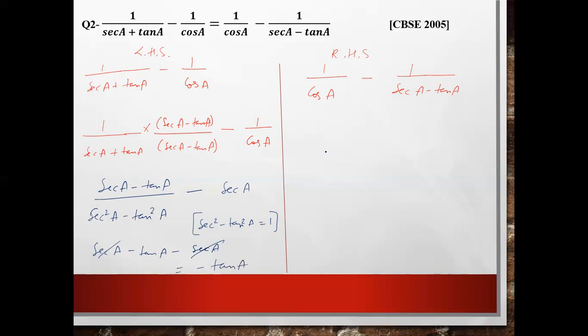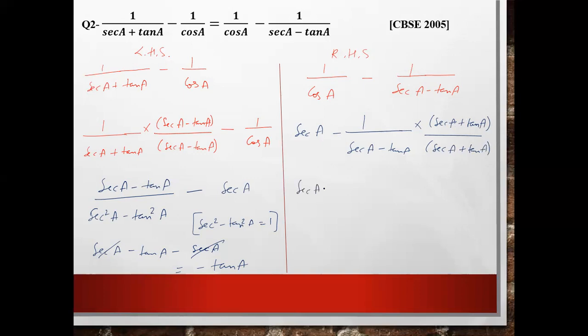All right, now come to RHS. 1 upon cos A. Let me write it as sec A at once. All right. And 1 upon sec A minus tan A, multiply with the conjugate sec A plus tan A upon sec A plus tan A. I've taken conjugate. All right.